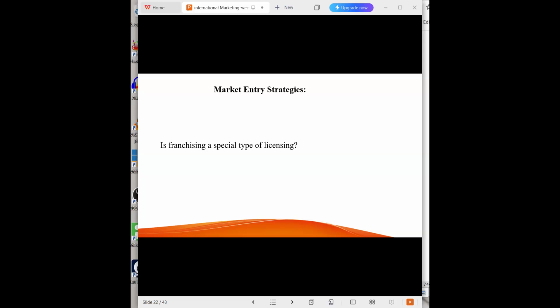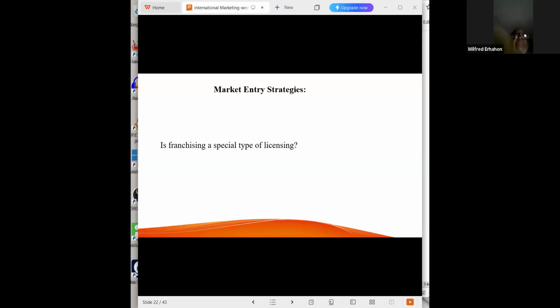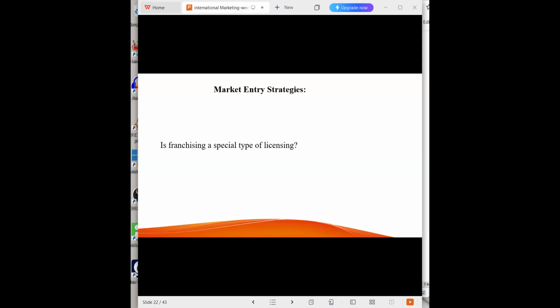So who is also going to explain, is franchising a special type of licensing? It's a special form of licensing, just like he explained.